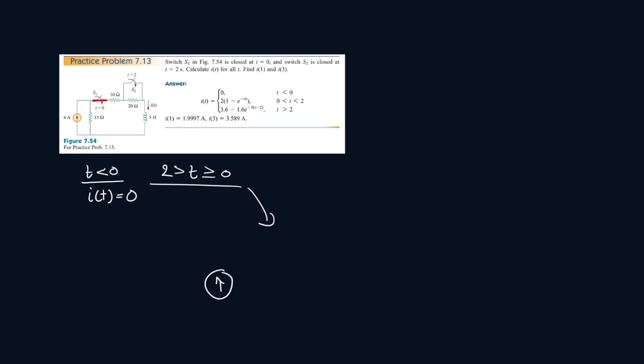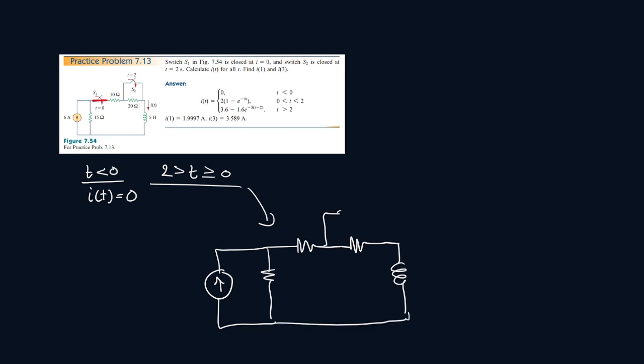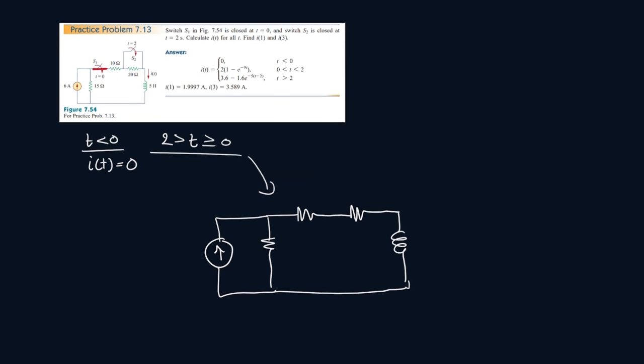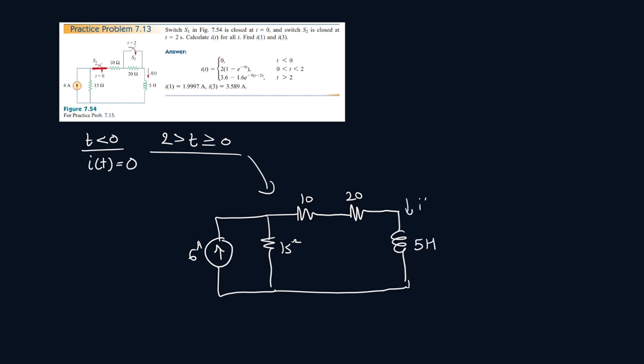We have our 6 amp source here, and this part is open, so we can just ignore it. So it's 6 amps, 15 ohms, 10 ohms, 20 ohms, then 5 henry here, and then we have the current passing through here.